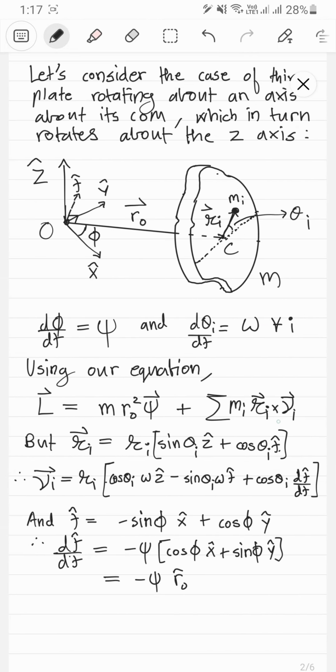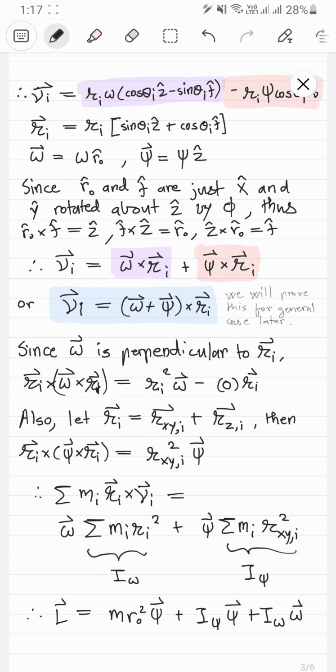So we just want ri vector cross velocity vector, and that's why ri vector dot the first term, and using the triple product identity, the vector triple product, you can write it as ri vector dot ri vector, which is ri squared, times omega vector. So ri squared is a constant with respect to time, which is really nice.